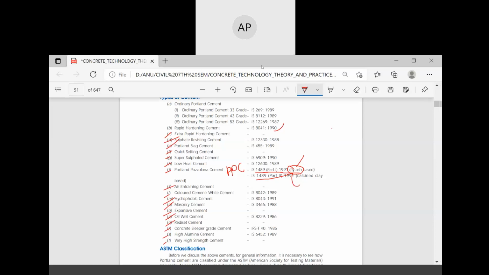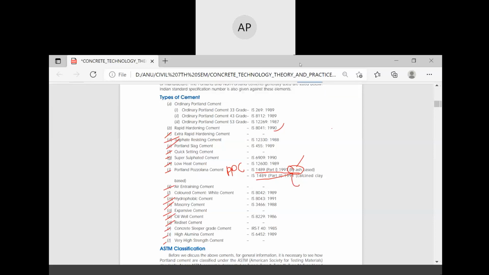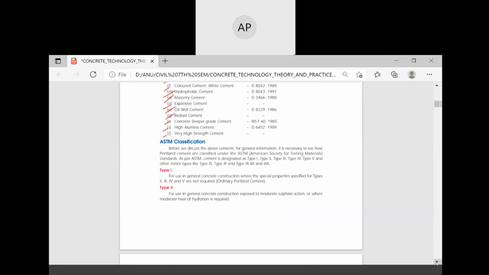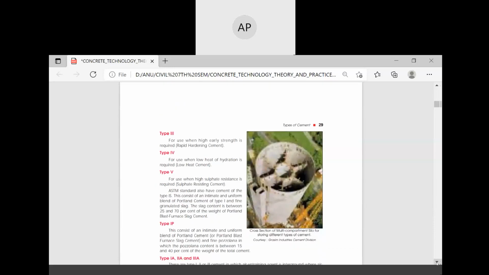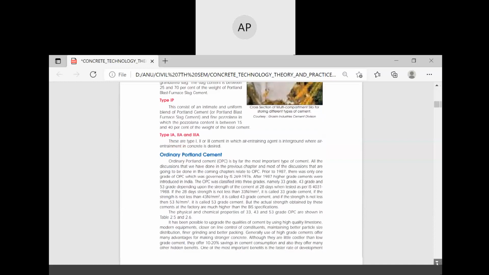Okay, so these are the various types and classifications of cement.